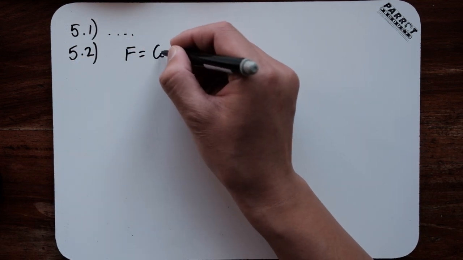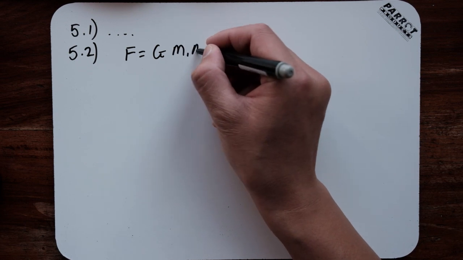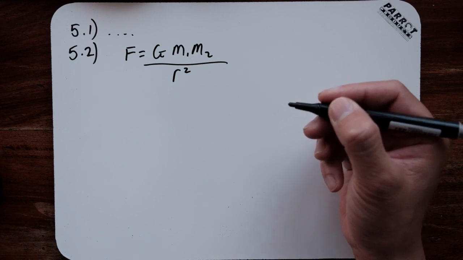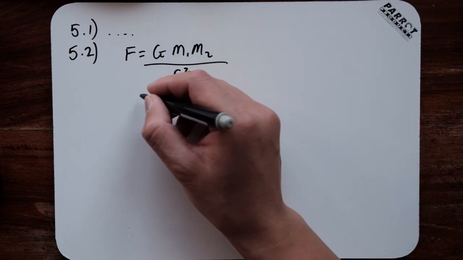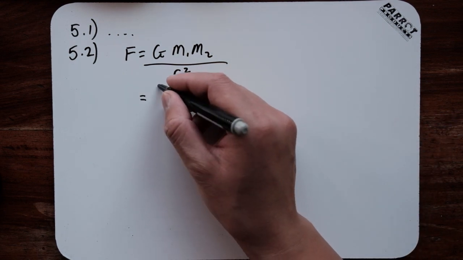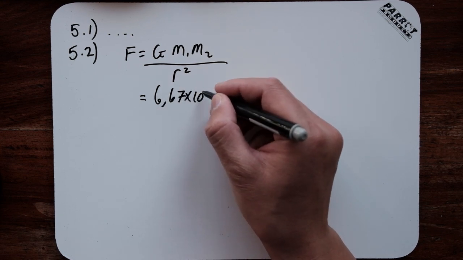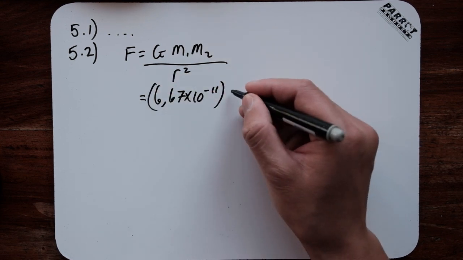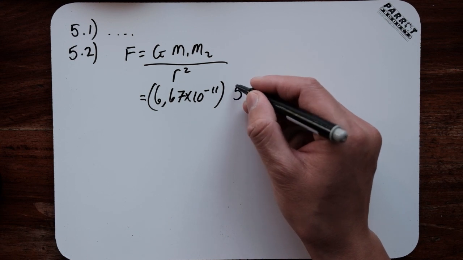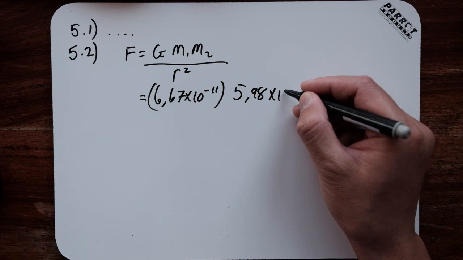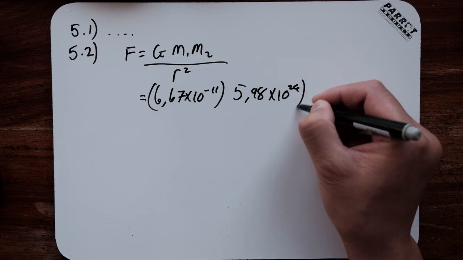So you always start with your equation. F is equal to G m1 m2 over r squared. Now, G always the same, 6,67 times 10 to the power of minus 11. And the mass of the Earth is always going to be the same as well, 5.98 times 10 to the power of 24.